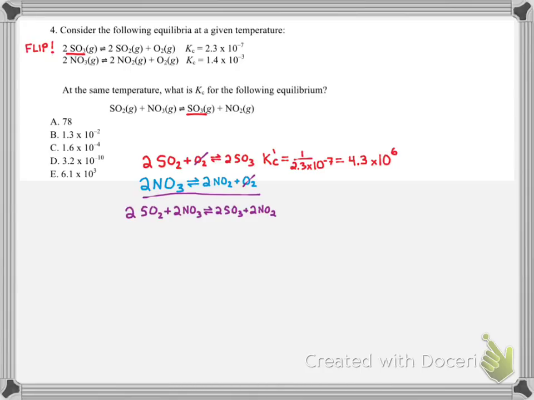So we'll get this overall reaction, and our K for this will be Kc double prime. Remember, anytime you combine two reactions together, the way that you get the new equilibrium constant is by multiplying the two KEQs together. So when we do, we'll get the KEQ for our new reaction is 6.1 times 10 to the 3rd.